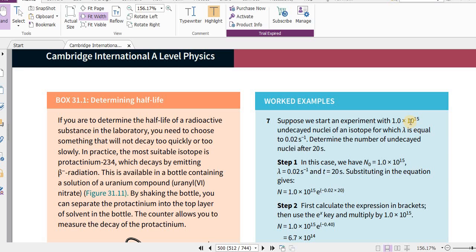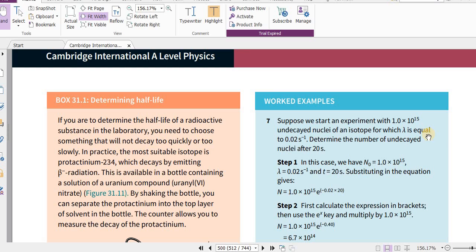Suppose we start an experiment with 1 × 10^15 undecayed nuclei of an isotope for which lambda is equal to 0.02 per second. Determine the number of undecayed nuclei after 20 seconds. Again, first you write the quantities given in the question.